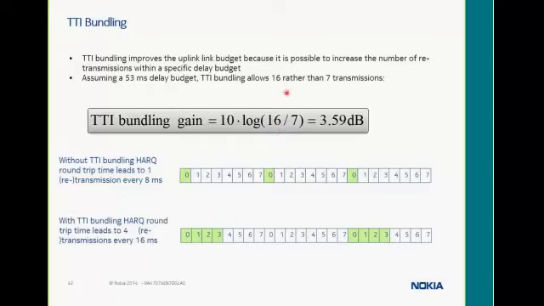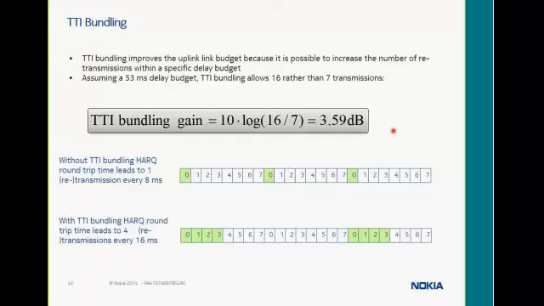That gives me the 16 here over 7 transmissions, and the formula is 10 log(16/7), which gives me a 3.59 dB gain. Okay, it's slightly different from the one we commented on earlier.